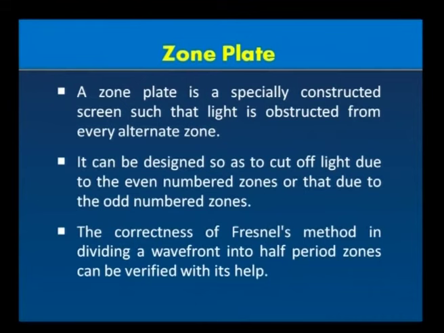It can be designed so as to cut off light due to even numbered zones, or that due to odd numbered zones also. You can have light transmitted only through the zones 1, 3, 5, or only through 2, 4, 6. So alternate zones alone, not successive, only alternate zones will allow light to be transmitted.